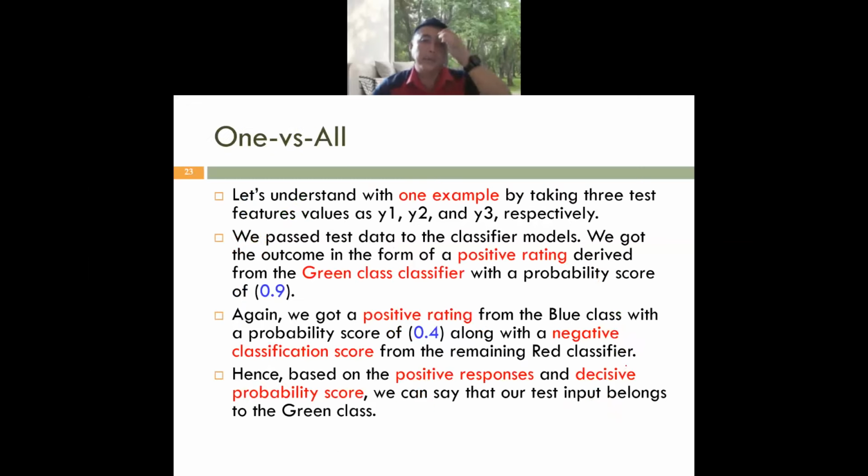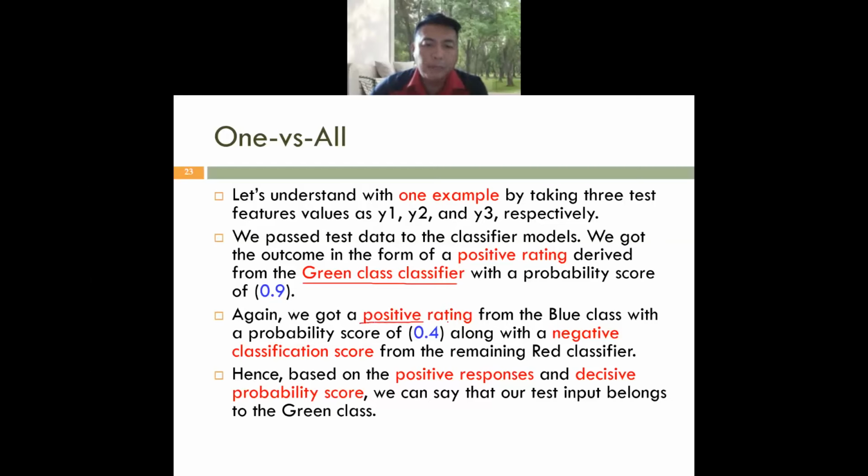How do we interpret this one? Like I mentioned just now, once we pass the test data to the classifier, we get an outcome in the form of a positive rating derived from the green classifier with a probability of 0.9.